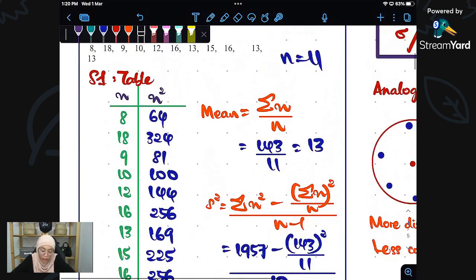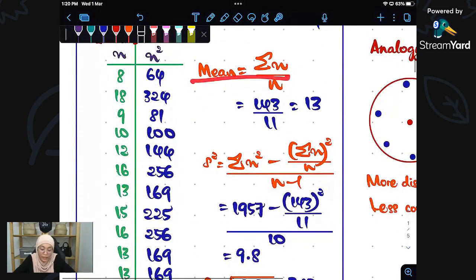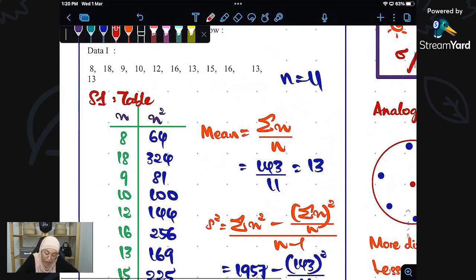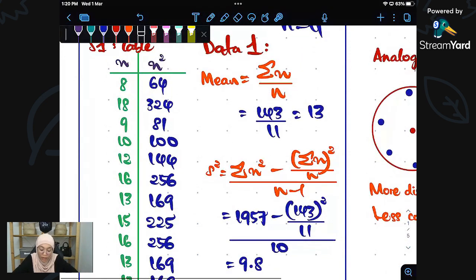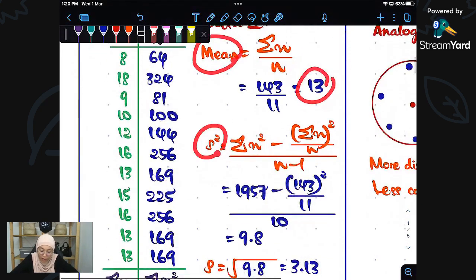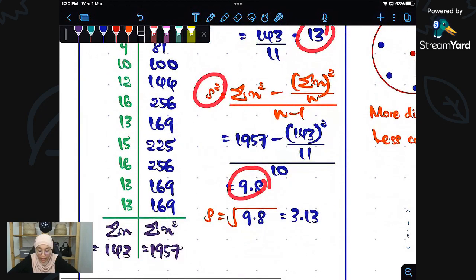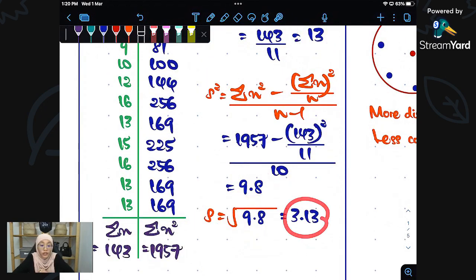And so you calculate the mean, and then I got here 13 for the data 1, yeah. So please bear in mind all of this is data 1. Okay, data 1. So now my mean is 13, my variance is 9.8, and then my standard deviation is 3.13.